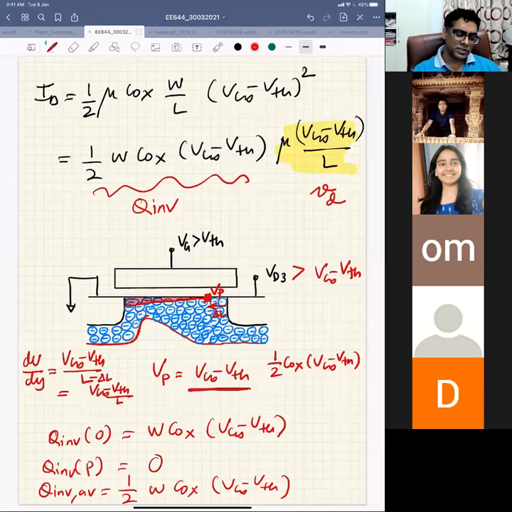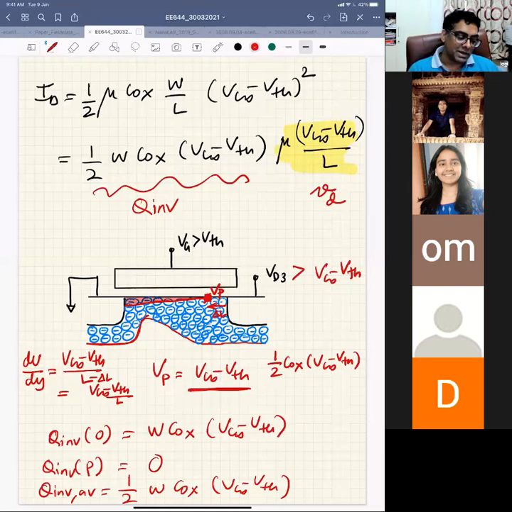In saturation, the drift velocity is independent of VDS. If you apply VDS across the channel, your velocity increases with VDS in the beginning, but the moment your channel is pinched off, your velocity remains constant. That velocity is mu times VGS minus VTH by L.